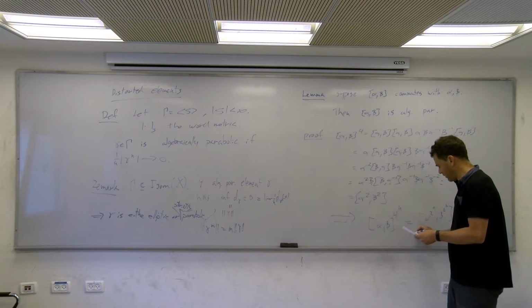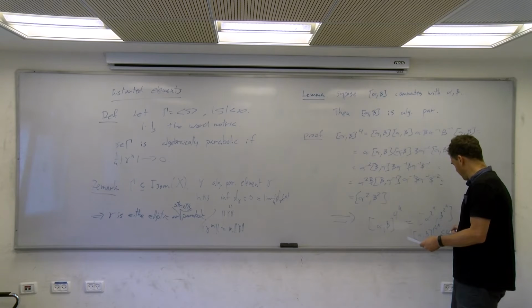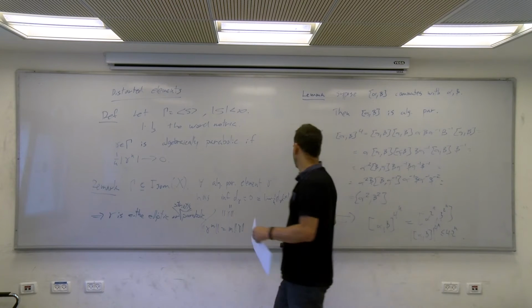So the word norm of alpha beta to the 4 to the n is at most 4 times 2 to the n.